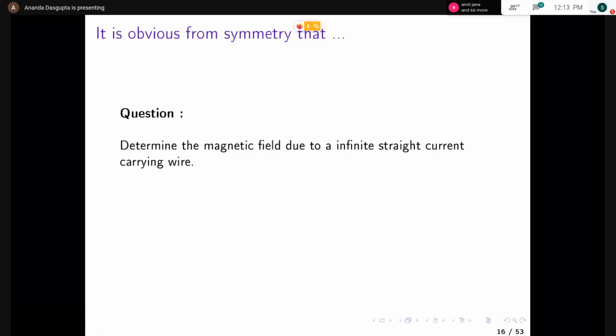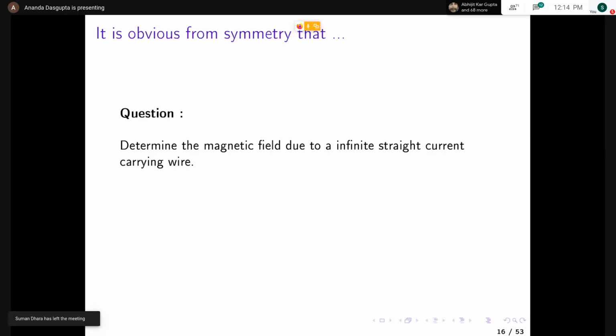Now, I would definitely argue that if it really had been obvious from symmetry, then they couldn't have been this different. I'm not saying that this does not follow from symmetry. It does follow from symmetry. You can use symmetry arguments to argue that the electric field in the first case is radial and that the magnetic field in the second case is tangential.